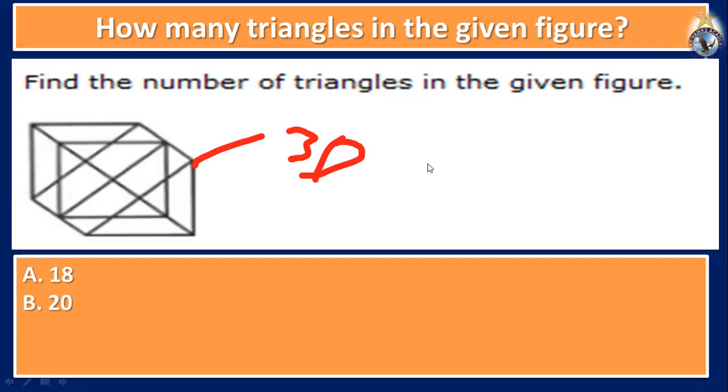There may be 20 triangles in this figure, or it may be composed of 24 triangles. The last option is that this figure may be composed of 27 triangles. So what should be your answer?